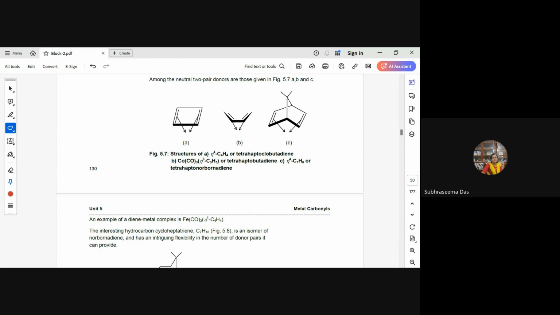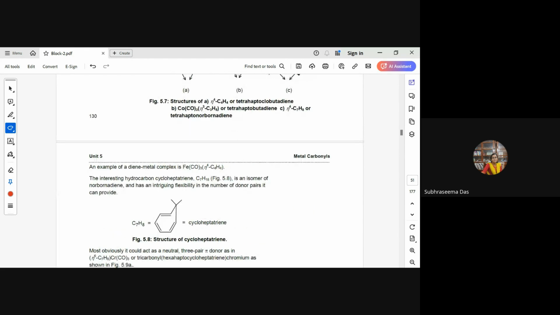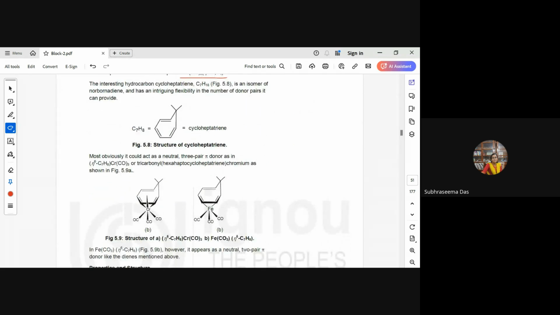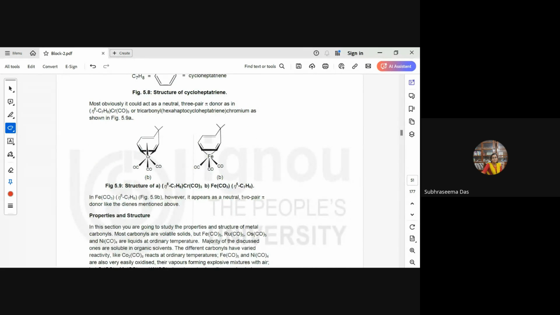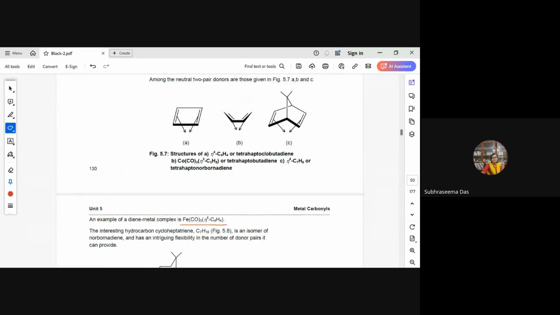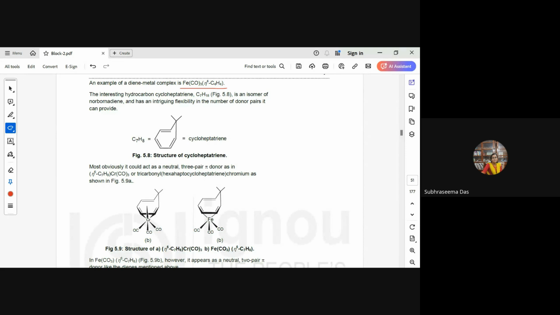Now here is the structure of an example of a diene metal complex, given as Fe(CO)3 eta4 C4H4. The hydrocarbon in figure 5.8 is a cycloheptatriene. Based on the various structures, the calculation of electrons is done.